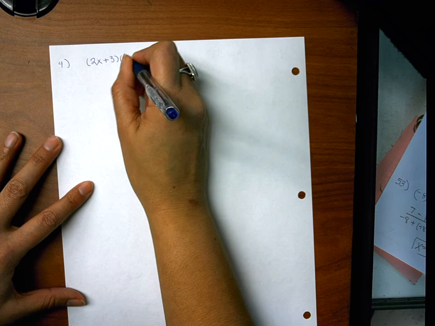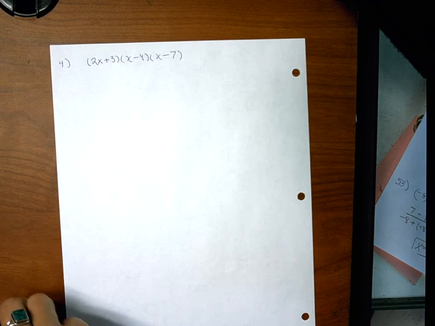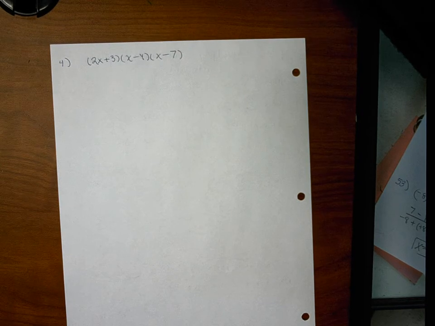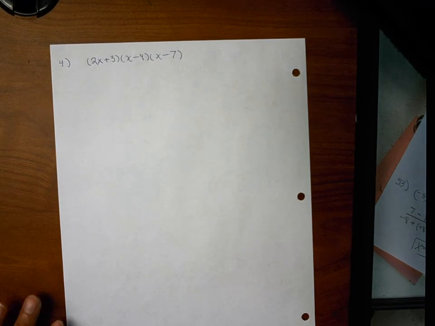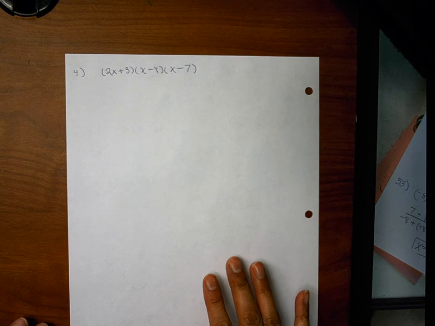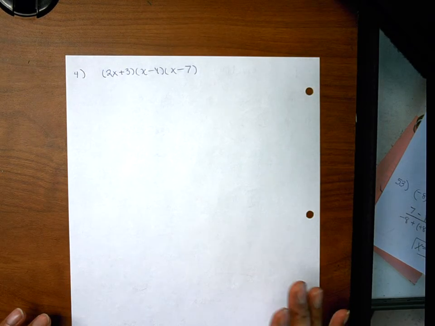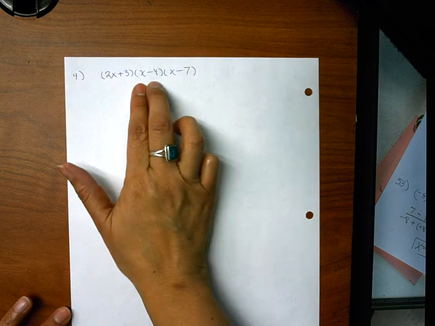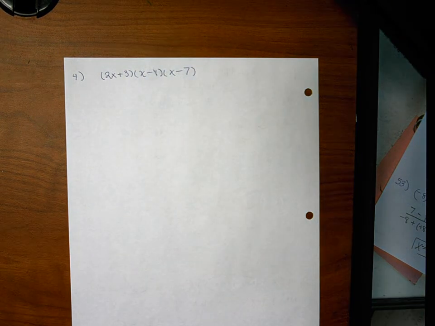Number 4, 2x plus 3 times the quantity of x minus 4 times the quantity of x minus 7. Okay, so this is multiplying multiple polynomials. Typically I've just had this, but now I have 3 sets, first, second, third.